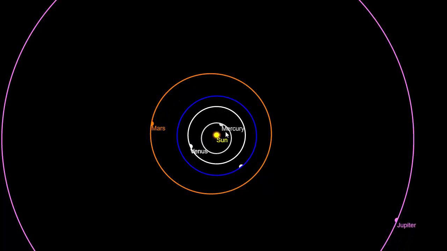Notice that the planet Mercury doesn't take very long to go around the sun compared to the planets that are farther out. It does it much faster than Venus. Venus does it faster than Earth, Earth faster than Mars, and Mars faster than Jupiter. The reason that Mercury takes less time to go around the sun is because it has a shorter distance to go and it's moving faster.